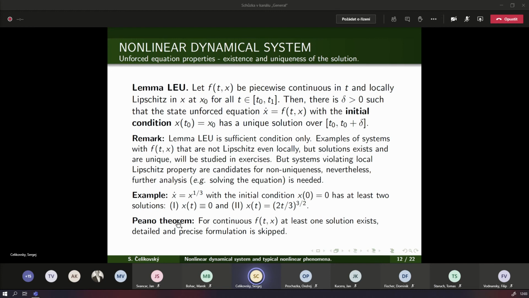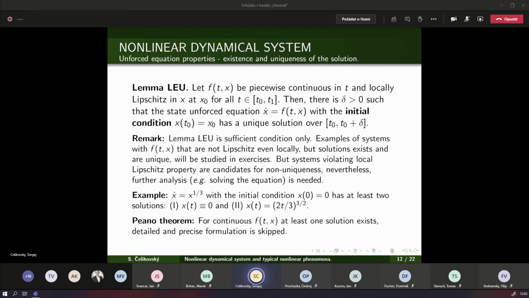And here I put, only for completeness, for your general education, that there exists the so-called Peano theorem, which says that if f is continuous, then at least one solution exists. You may find some precise formulations perhaps in Khalil's book from the early 2000s, but it's not necessary.